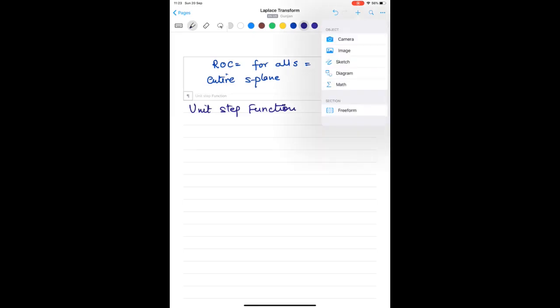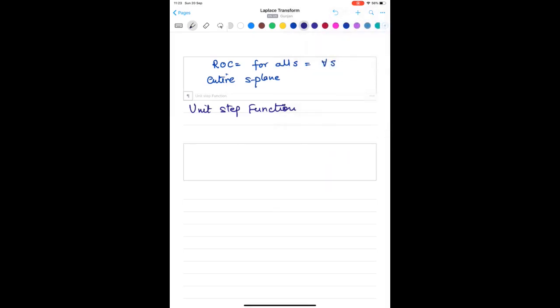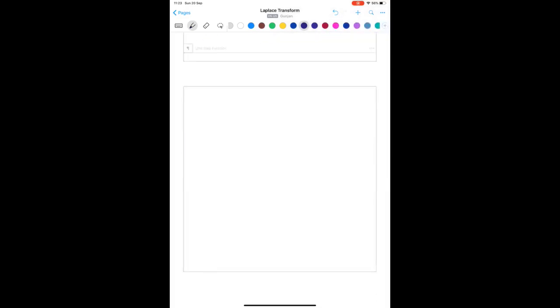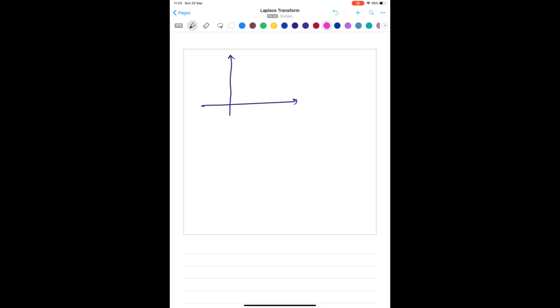As the name indicates, this signal is in the form of a step.